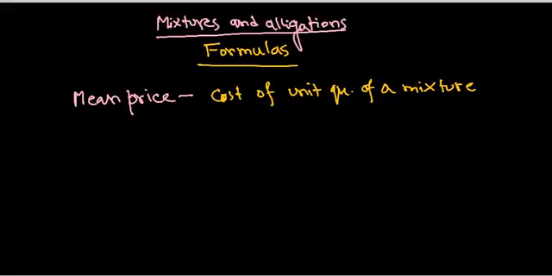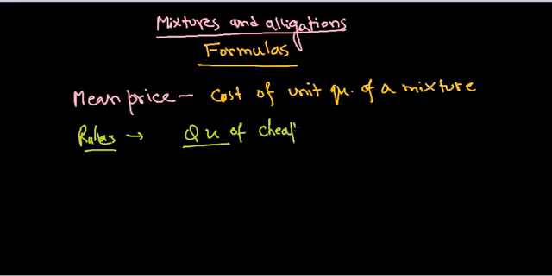Now the rule of allegation, if you need to learn it, is simply the quantity of the cheaper. When we are making these mixtures, remember, we are mixing things, say A with B, two different individual things, to get our desired quantity and result.